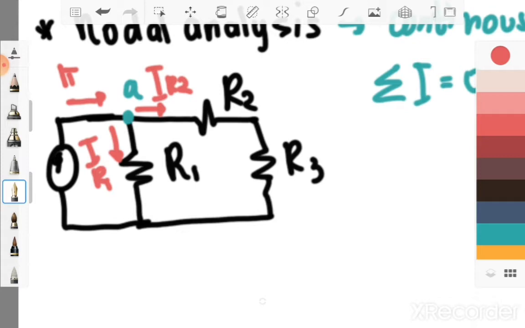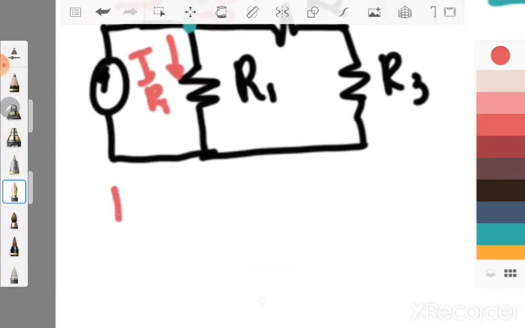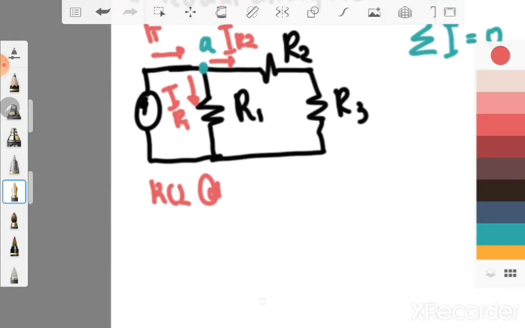KCL at A: you have I total going into the node minus your I R1 and minus your I R2. Take note that your R2 and R3 are in series, therefore your I R2 is equal to your I R3, right?